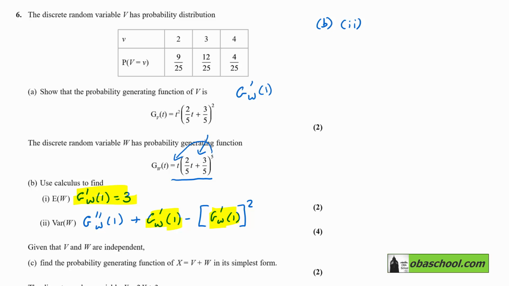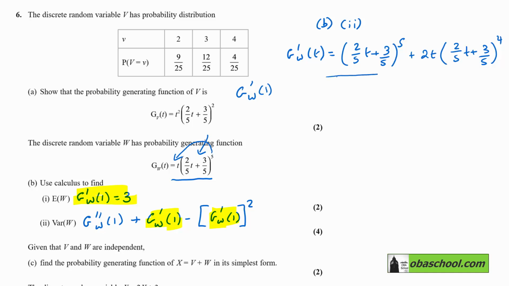So we want the second differential. Now the first differential I've got written down here, so we need to differentiate this again. So G''_w of t is going to be, so this first term is going to be 5 (2/5 t plus 3/5) to the 4, but use the chain rule, so multiply by 2/5.